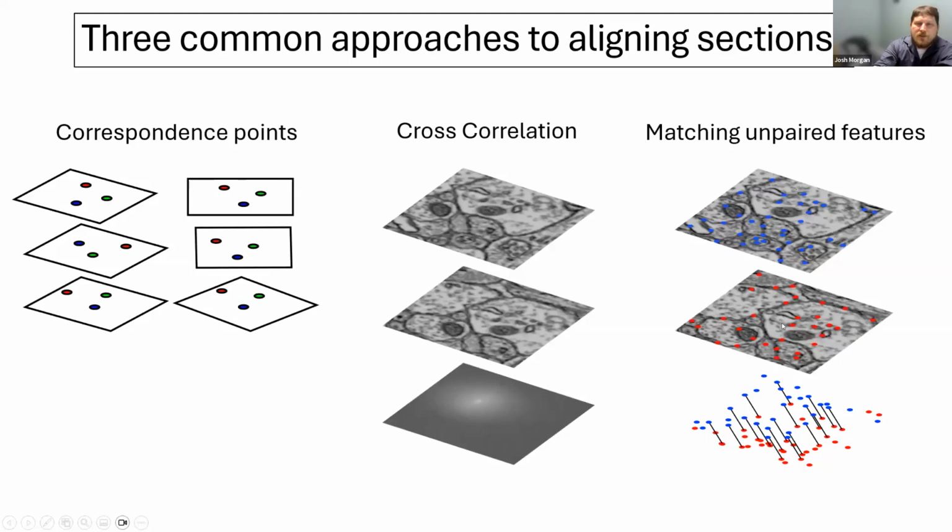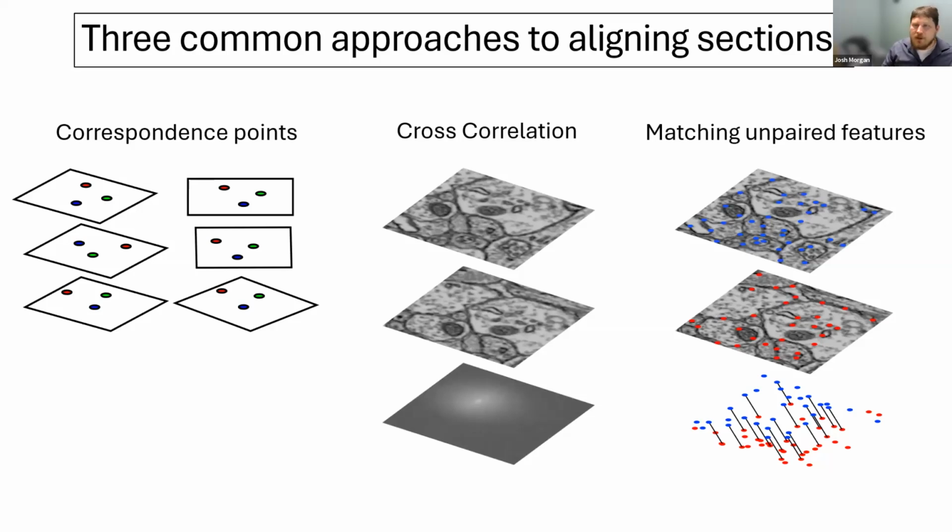And the nice thing about this is that you're not necessarily finding the best average transformation to get these red dots to match the blue dots, but you're trying to find some transformation where a subset of these are really, really well paired. And that tends to be the most robust solution for our kinds of data, that there's some things that are constant from section to section, and then a whole bunch of stuff that you're going to want to ignore. And this matching of unpaired features is a good way to go about that.